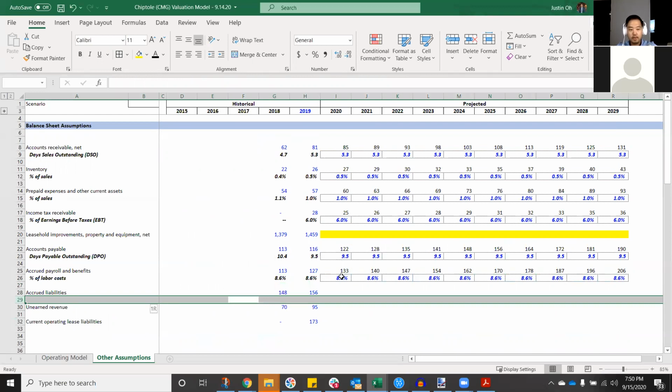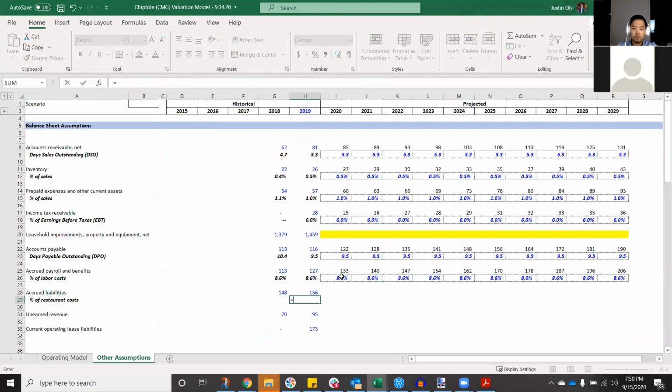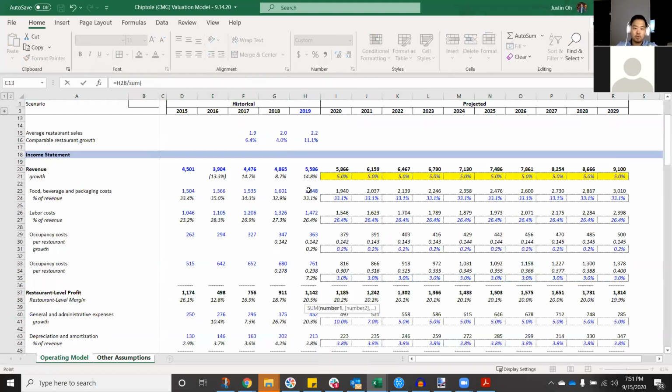Accrued liabilities, I'm just going to do percentage of restaurant costs, equals this divided by the sum of all these costs. Okay, how much are you seeing? Are you guys seeing this? It's weird.